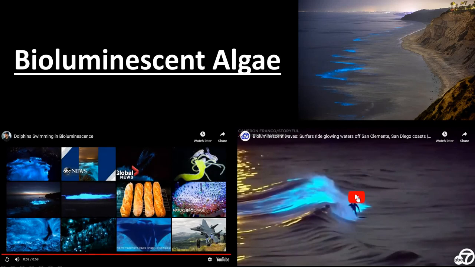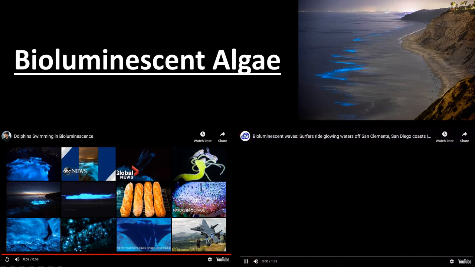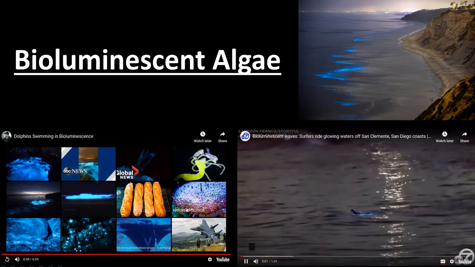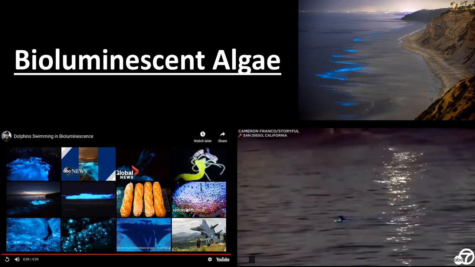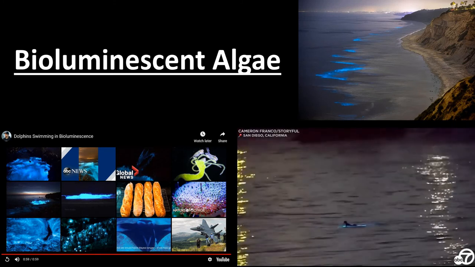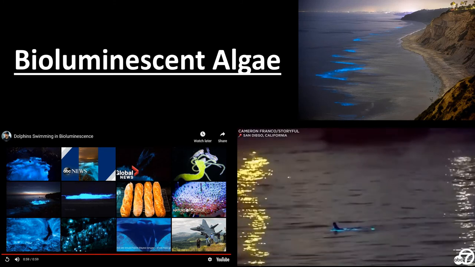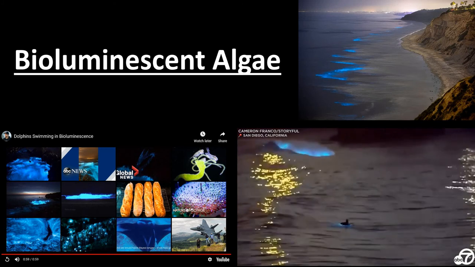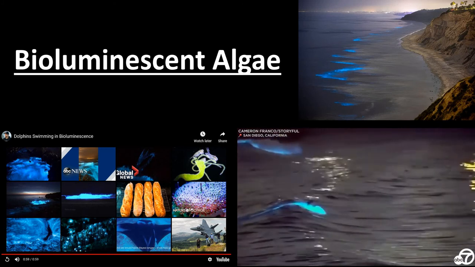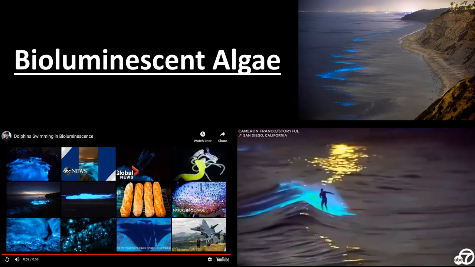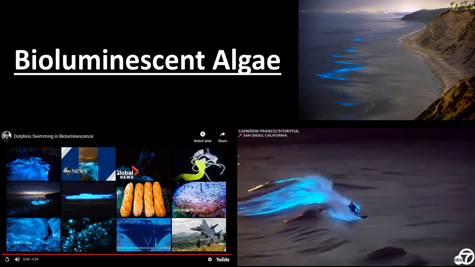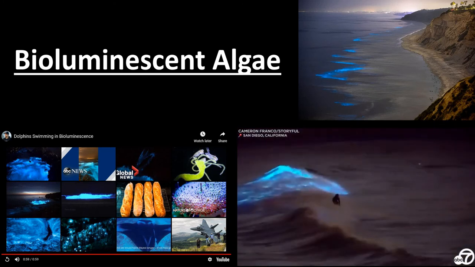So lots of times in California, people like to go surfing when this happens because it is so unique. And you can see the picture at the top, that's a still of the waves coming into shore. You can see how as the water crashes, it creates that bioluminescence.